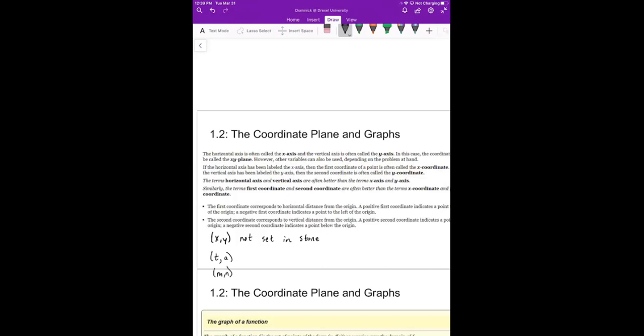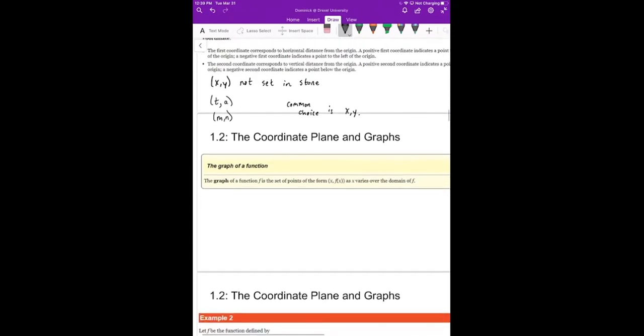You could use different letters based on that. But usually the common choice is x and y. They also cover themselves by saying it may not always be best to say x coordinate, y coordinate. It may be better to say first coordinate, second coordinate. But for the most part, we'll just use x and y.